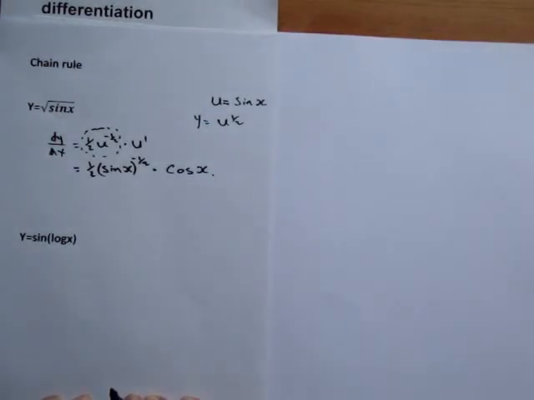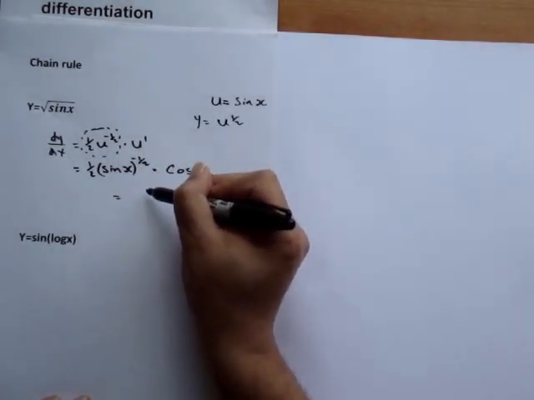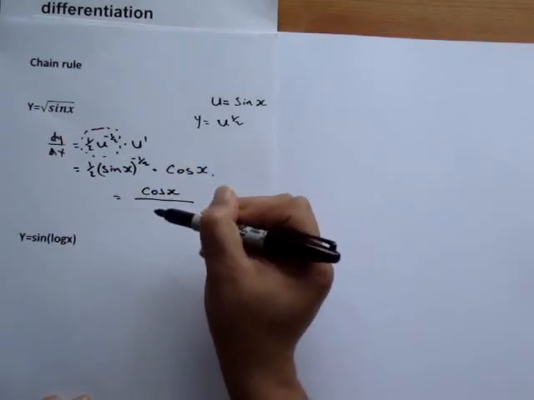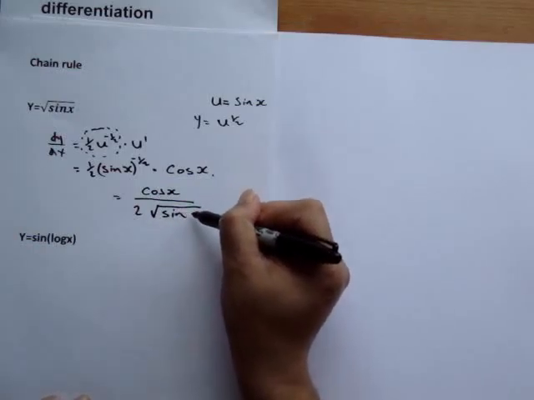And that is the answer. So, if you want to tidy that up, that becomes cos x all over 2 square root sine x.